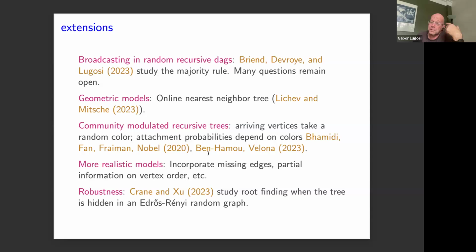So here it would be nice to ask what can we do if there's an unknown underlying geometry, right? We don't know anything about how these connections occurred. We just observe the combinatorial graph. Can we still find the root in the same vein? So instead of looking at the uniform recursive tree, look at the online nearest neighbor tree, for example, that has a root. Can we find it?